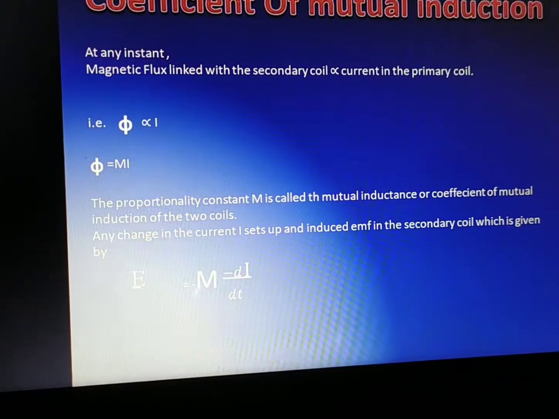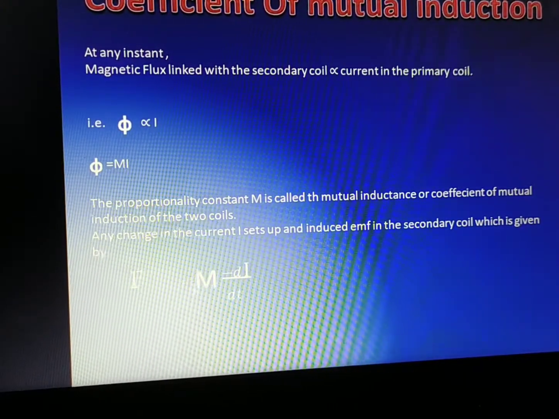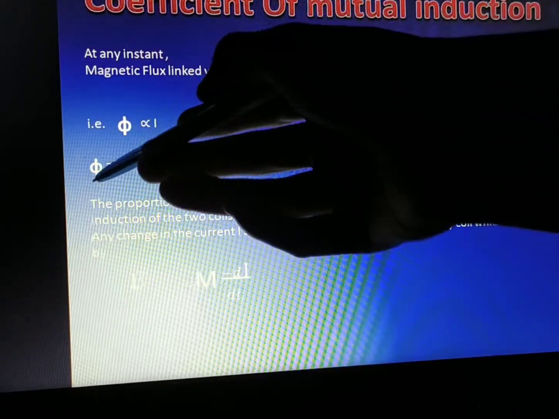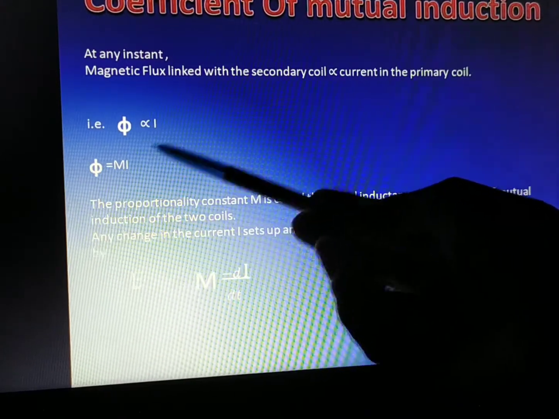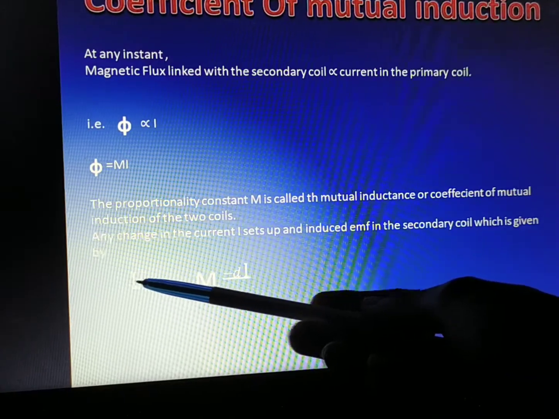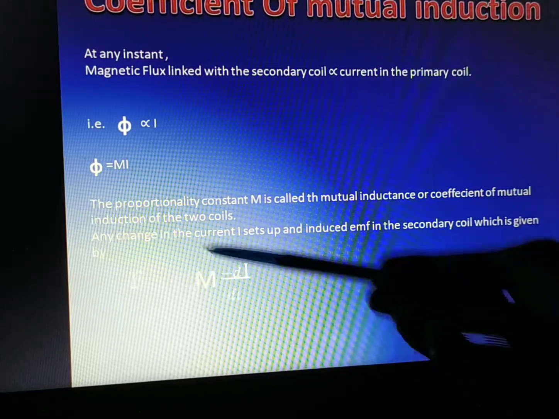We have differentiated these equations with respect to time, d phi by dt, and here we will get M into dI by dt. The value of d phi by dt will be minus e. So this is why we have minus here, that is, minus M dI by dt on this side of the equation.